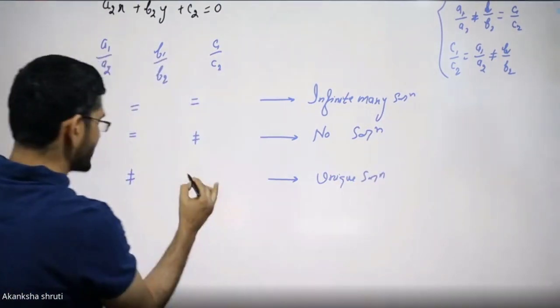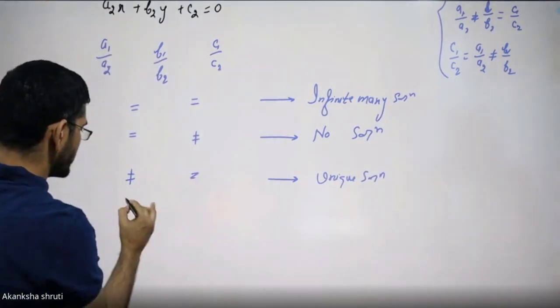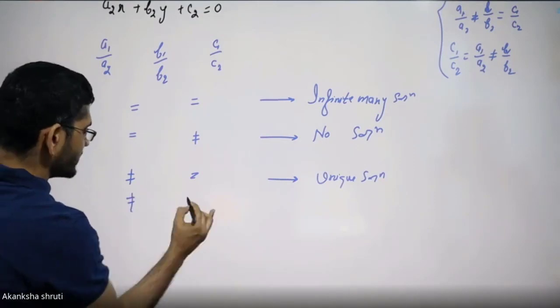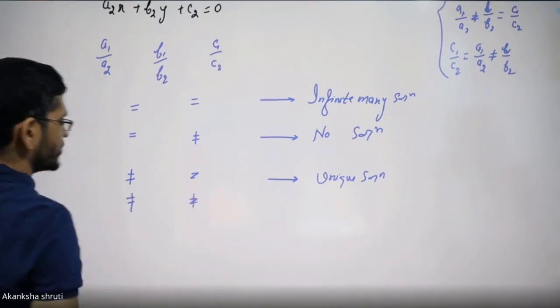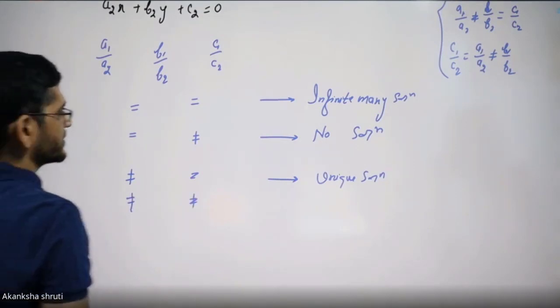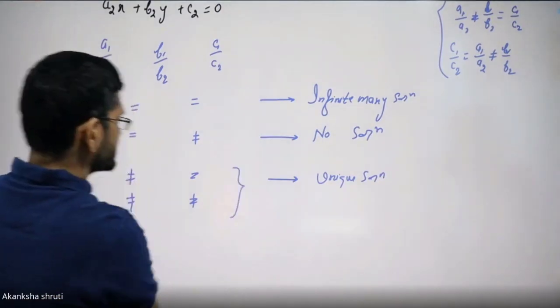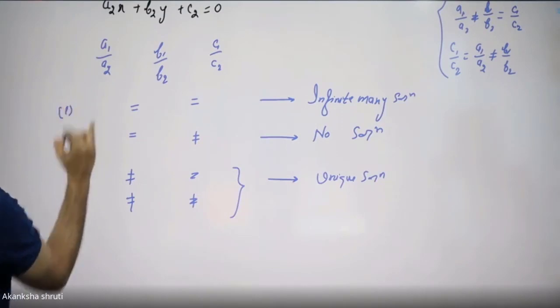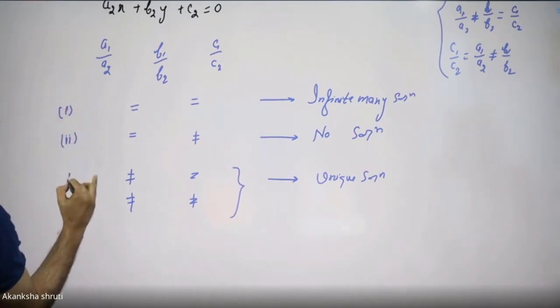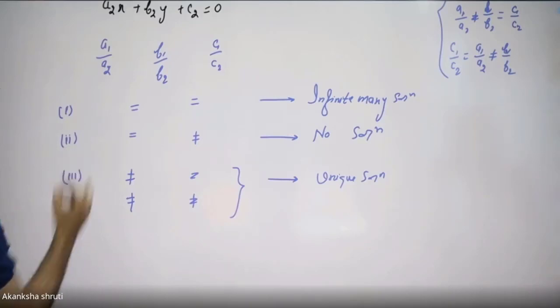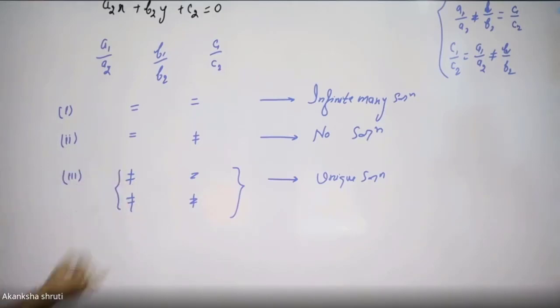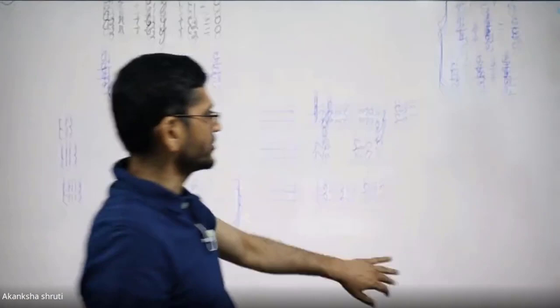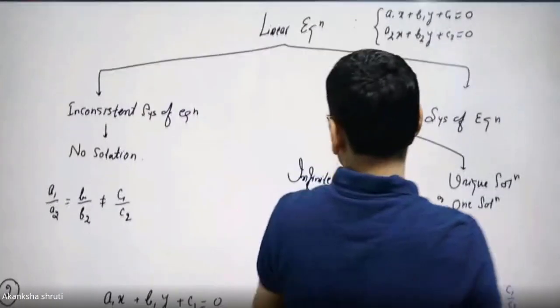It doesn't matter whether here it is equal or not equal; both mean the same thing. So these are the three possibilities that we have to keep in mind, and on these three possibilities we have these three kinds of solutions. The entire summary is only this much.